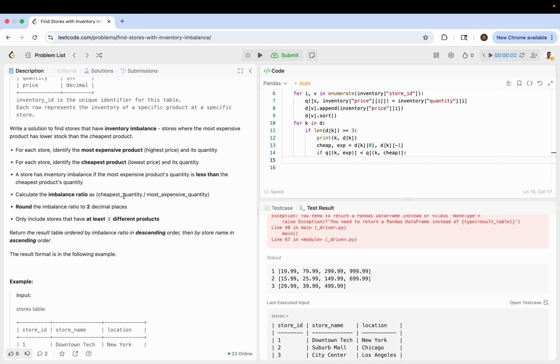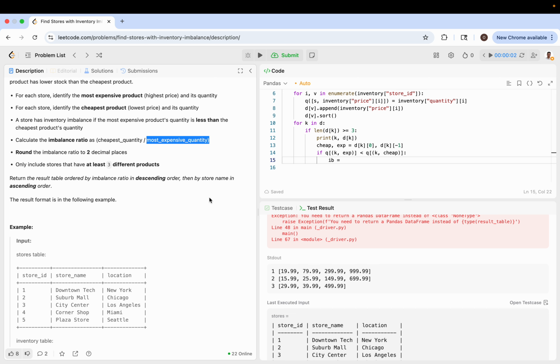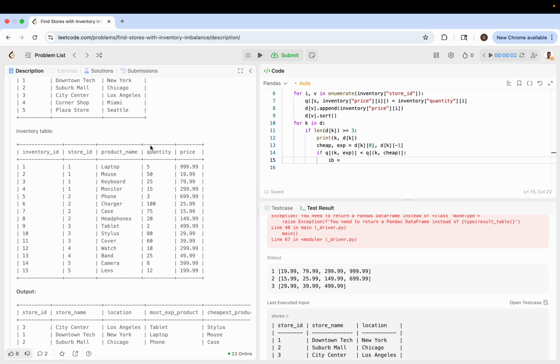then we can go ahead and say there's an imbalance. So inventory imbalance, let's call this ib, is going to be the cheapest quantity divided by the most expensive quantity. So here, the cheapest quantity.